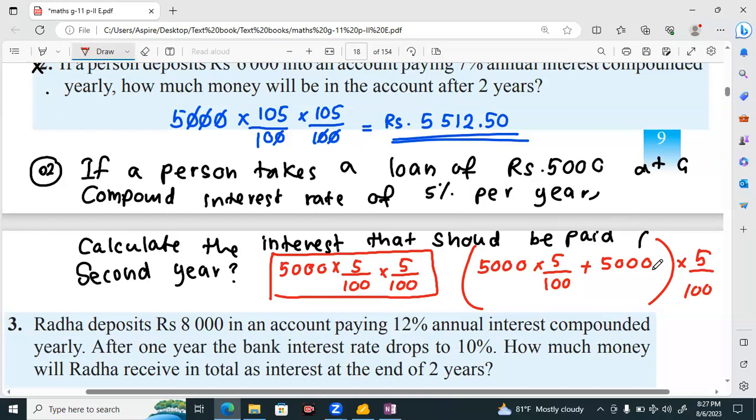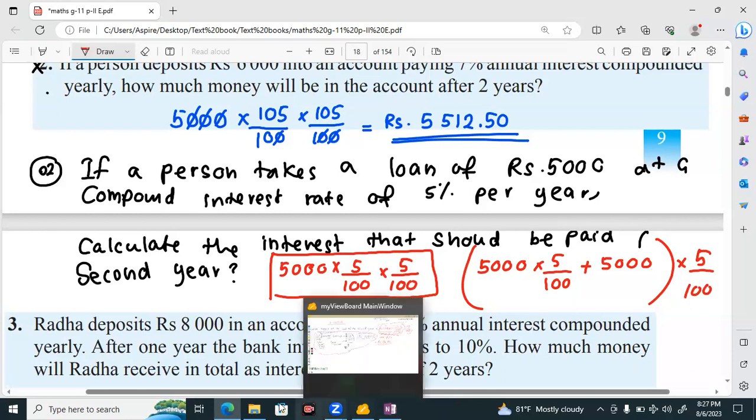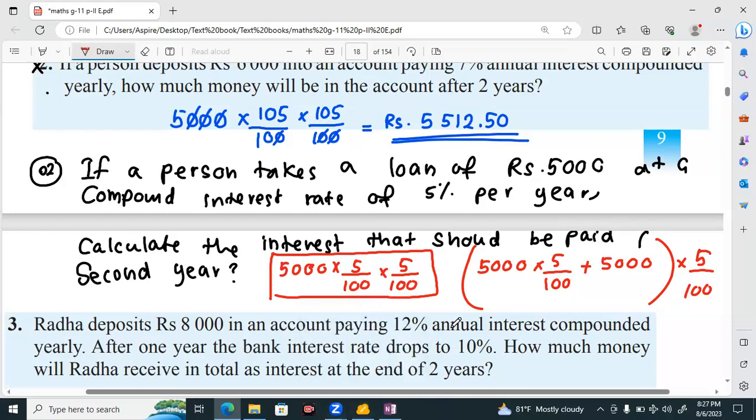Yes, it is only the interest amount. Teacher, then can't we get the answer by multiplying 5,000 by 5/100? Can't we get the answer just by that?